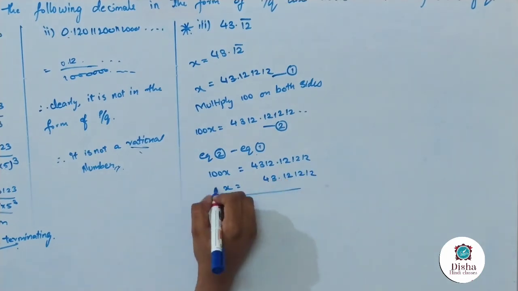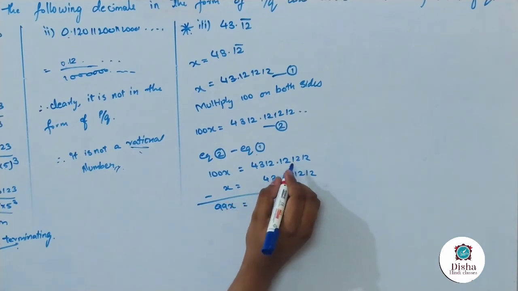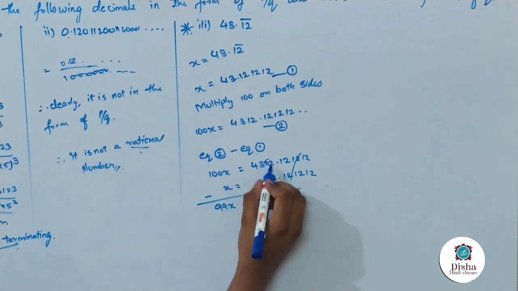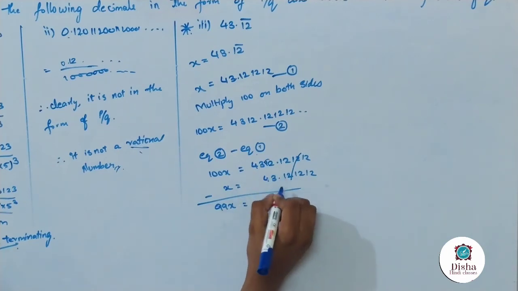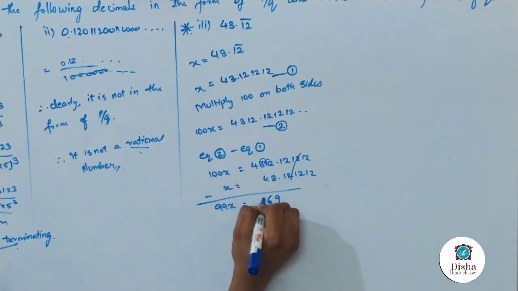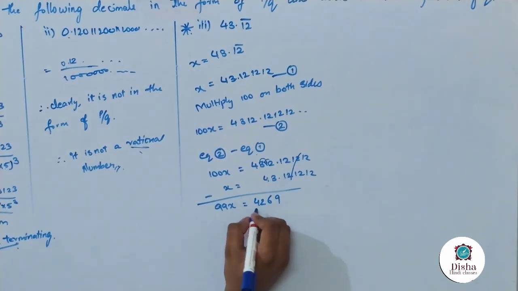So now we subtract it, we get 99x equals to, so this 1212 beyond this point gets cancelled. We have here 4312 minus 43. So we take carry here, we get 12 minus 3 will be 9, and 10 minus 4 will be 6, and we get 4269 as the answer. 99x equals to 4269.